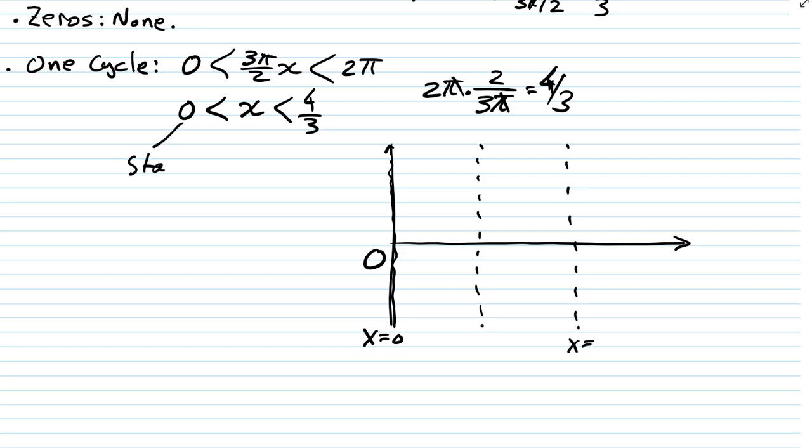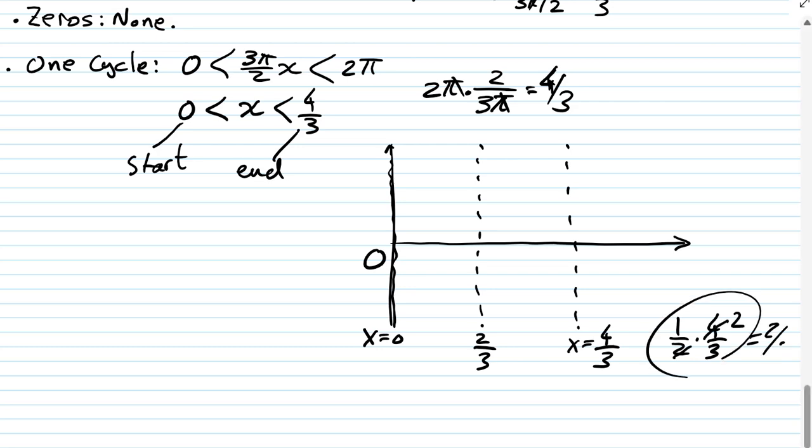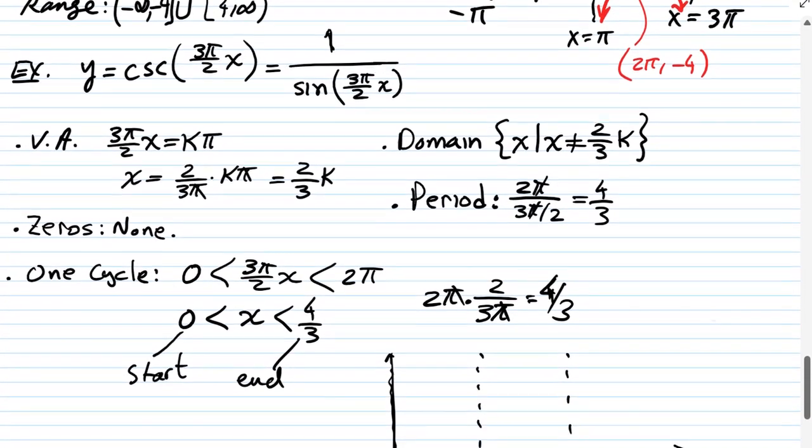This is the start, and here's the end. It's going to end at 4/3. In between 0 and 4/3, that's half of 4/3, which is 2/3. So the other asymptote is at 2/3. And in between is when we're going to have each of those parabolic segments.